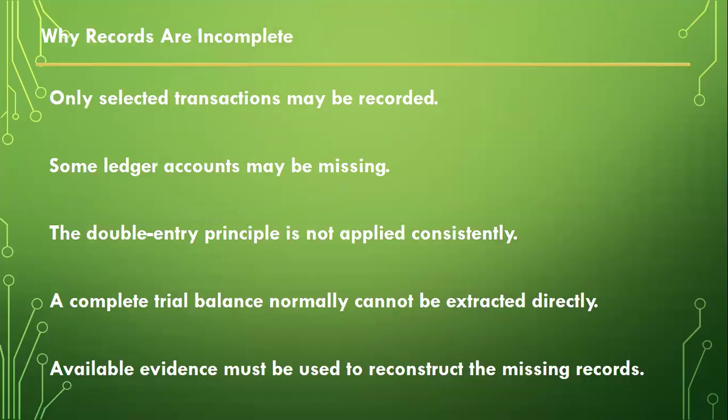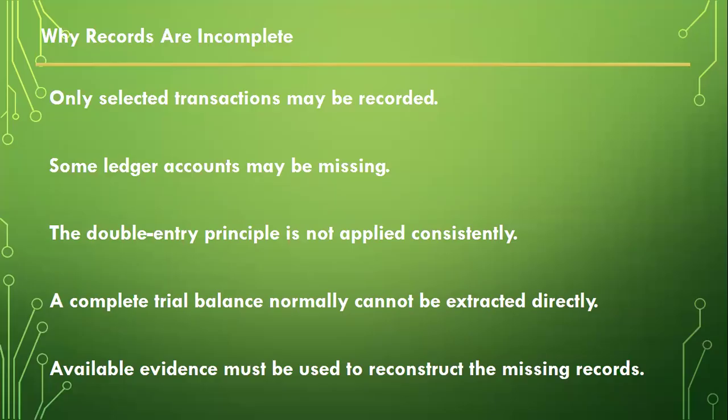And why are we even looking at this incomplete record? We are looking at it because only selected transactions will be recorded. You know, I normally say this in class that there are some questions you will see, and at the end of the day, you will be like, oh, sorry, we don't have capital, we don't have debtor, you don't have this.